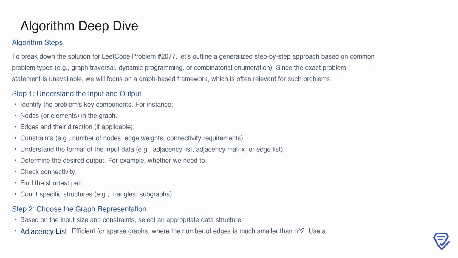Next, examine how the input data is structured, whether it's represented as an adjacency list, adjacency matrix, or edge list, and clarify the expected output. This could involve tasks like checking connectivity, finding the shortest path, or counting specific graph structures. Establishing this foundational understanding ensures clarity, which is essential before diving into algorithm design.